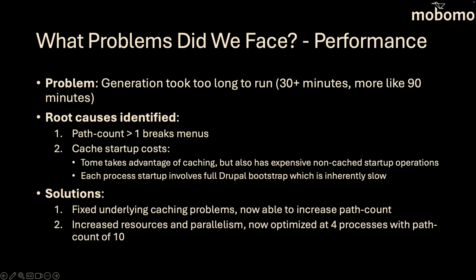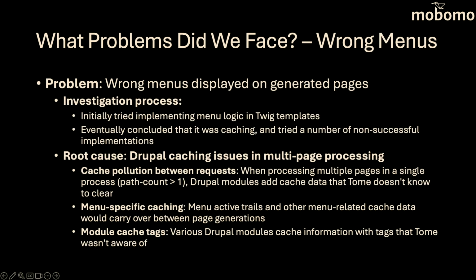So what we did ultimately, and we're going to get more into this in the last problem, is we fixed the caching problems. We increased parallelism, so now we're running more processes and a higher path count. To explain how we got to these solutions, we have to talk about the bigger problem that we ran into on top of this performance problem, which is that we were also getting wrong menuing.